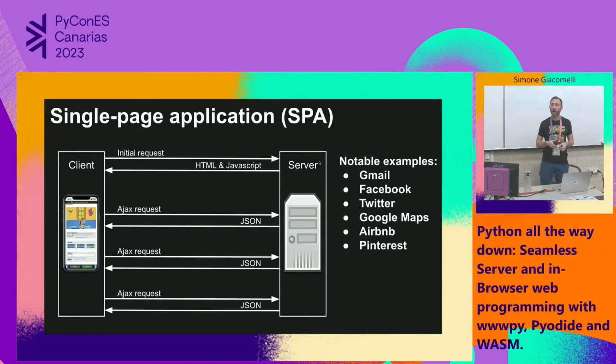From then on, the user interacts with the website, and the website updates itself because it has a clever program there, like Gmail and Google Maps. When you click somewhere, maybe there will be an HTTP invocation, an AJAX request, and you will get back your data. The context of this talk is an SPA.